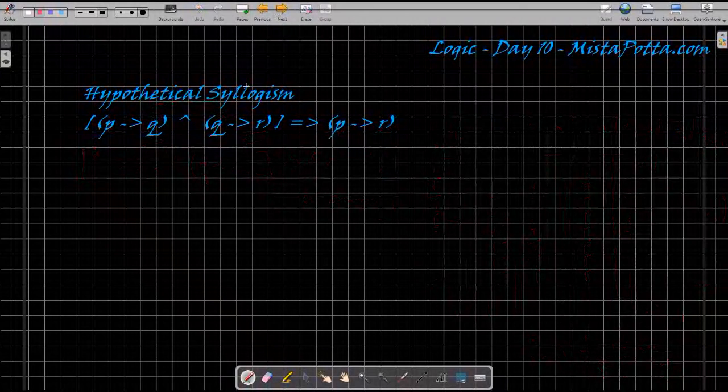And so we need to recognize hypothetical syllogism by the fact that these letters do have to match. And as long as they do, then this should match, and this should match.